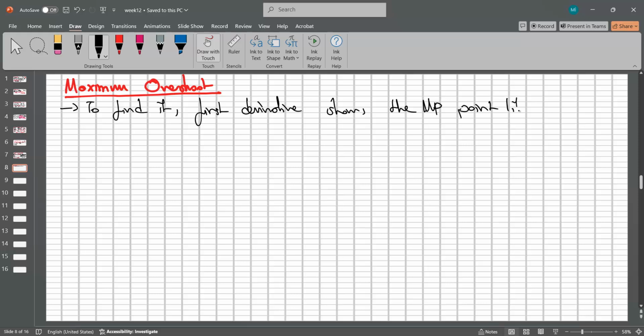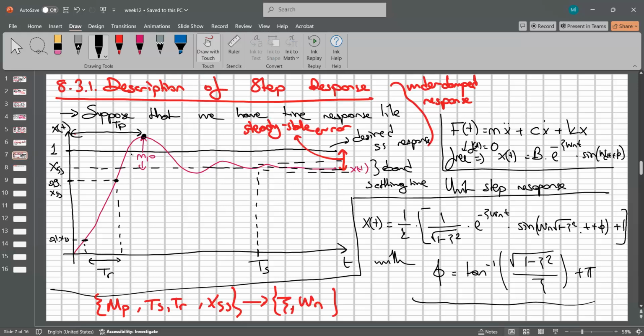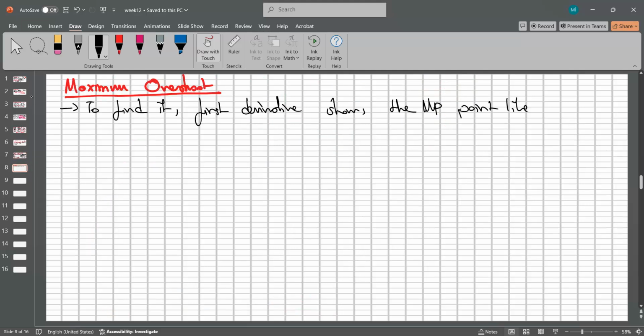Why? Because the maximum point is in here. If we take the first derivative, we reach the zero value at the derivative, right? That's it. And so if we have the x(t) form, dx(t)/dt must be equal to 0.